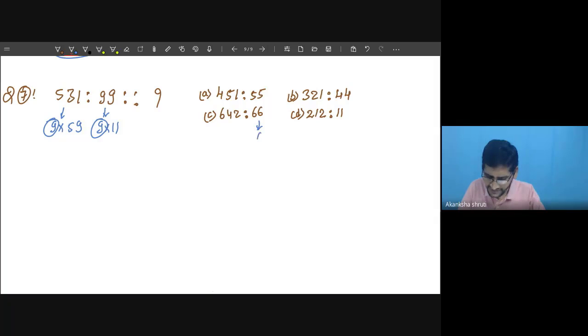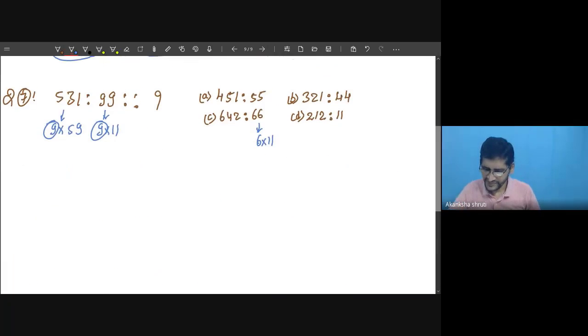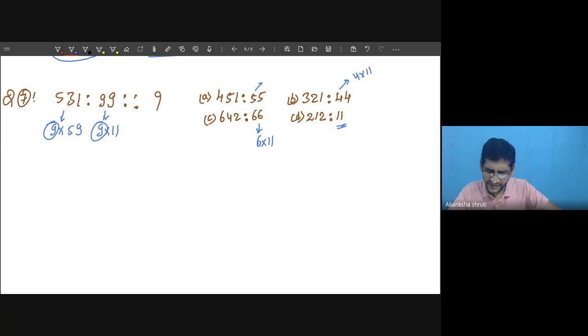Here we are observing 6 into 11. Here, because it was only 11, I have not written, it was 4 into 11. Here it is 5 into 11. So the second element is following the same thing. But what about the first element? Go for dividing it. It is 6 into 107.